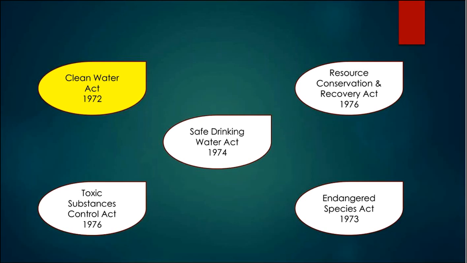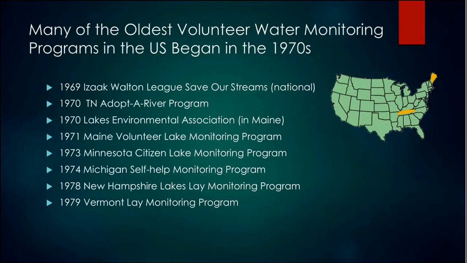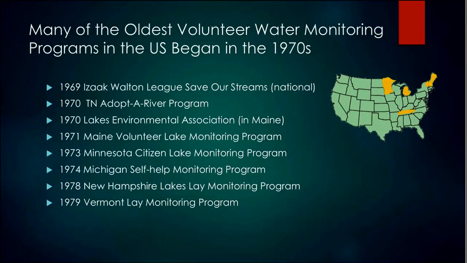So with these policies and with the shift in how public decisions were being made, that really set the stage for volunteer monitoring to become something strong and something that's happening in many local communities. So what we saw is that in the 1970s, a number of volunteer water monitoring programs were established.